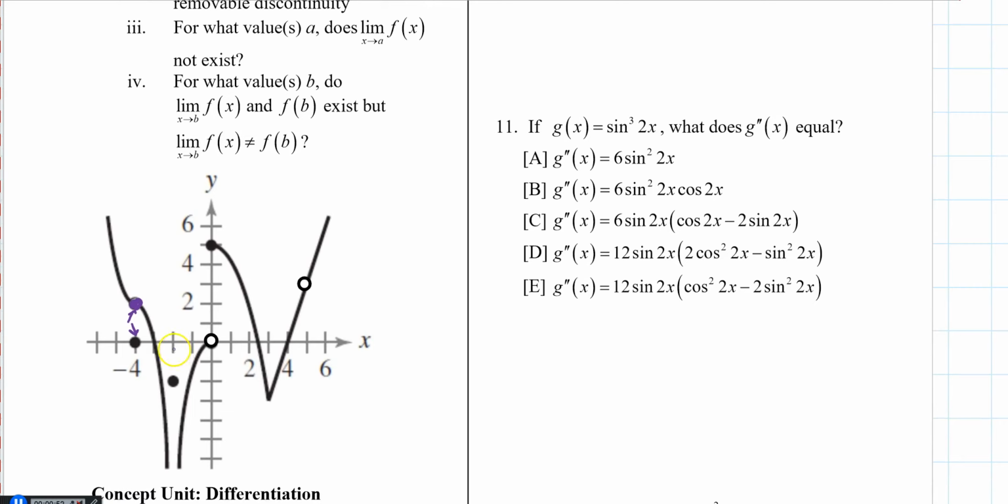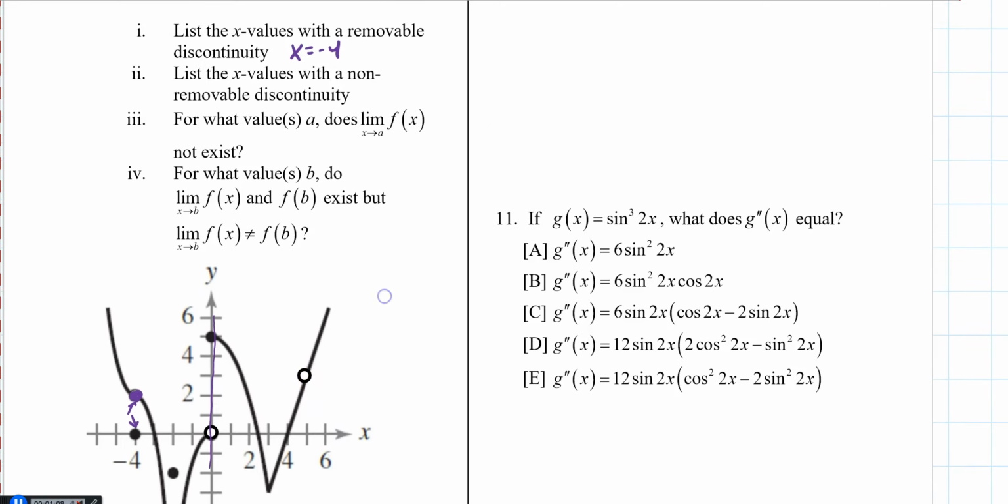At -2, that's a non-removable discontinuity because there's a vertical asymptote. At 0, there's a non-removable discontinuity because it's a jump. And then at 5, that's another discontinuity, but that is once again removable. So -4 and 5 are removable, because we could define a new point where we're missing a value.